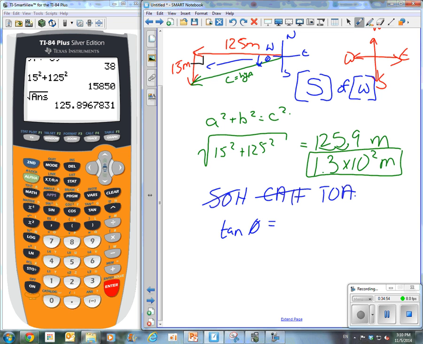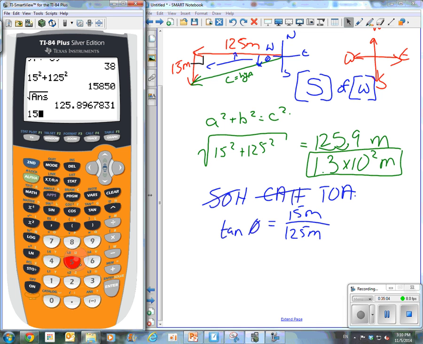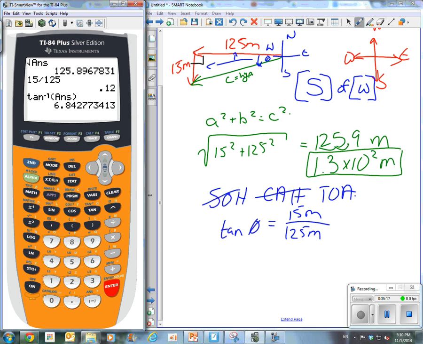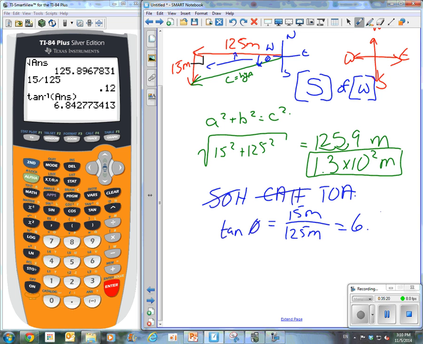In this case, opposite is 15 meters divided by the adjacent, which is 125 meters. So 15 divided by 125 gives me 0.12. Now I'm going to do the inverse tan of that answer, and I get 6.88 degrees. So my entire answer is going to be 1.3 times 10 to the 2 meters at 6.8 degrees south of west.